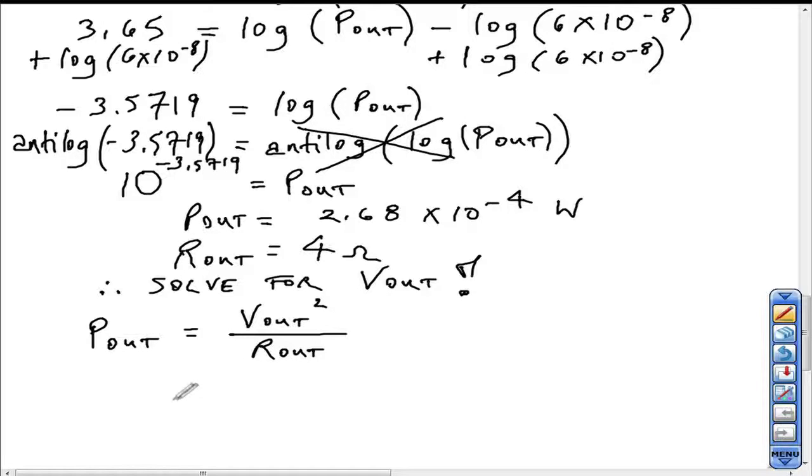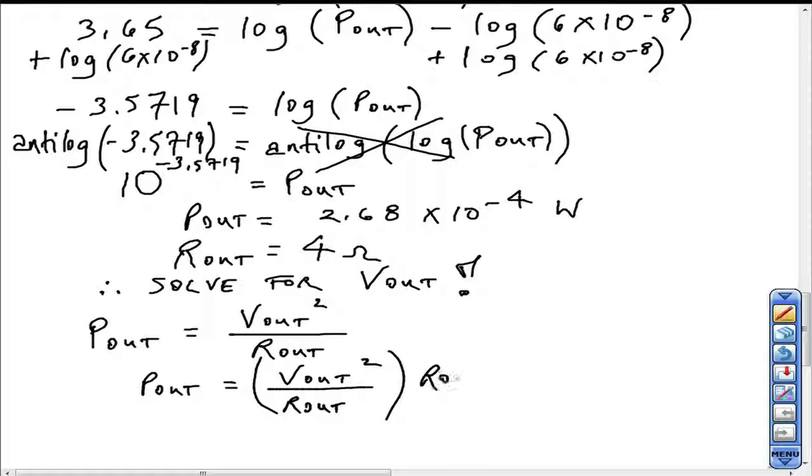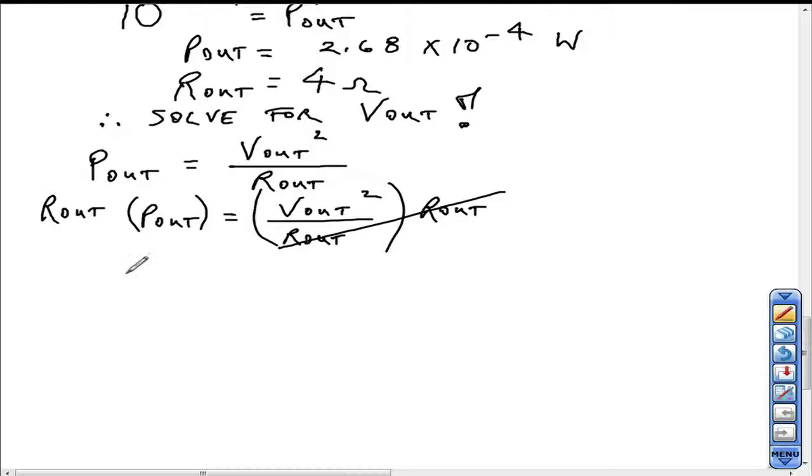So solving for voltage, what are we going to do? Let me rewrite this formula so you can see what is going to happen. You're going to multiply both sides by R out. Why would you do that? Because now you've got R out times your output power is V out squared.